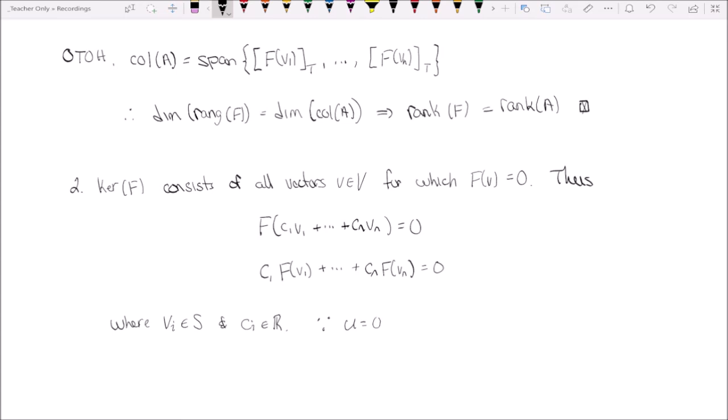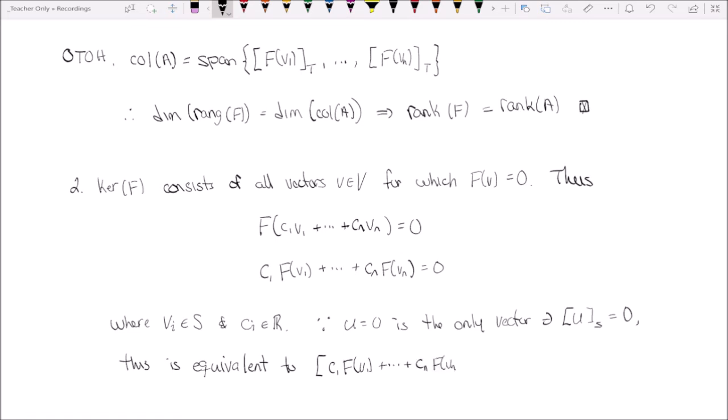Since the zero vector is the only vector such that its coordinate vector with respect to S is equal to 0, the equation that we just wrote is equivalent to this coordinate vector with respect to T being equal to 0.